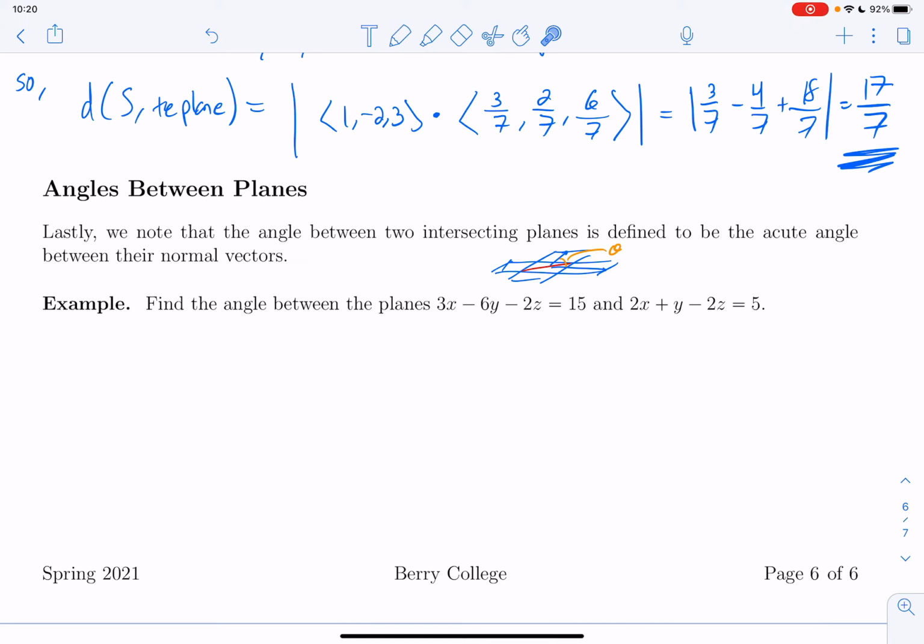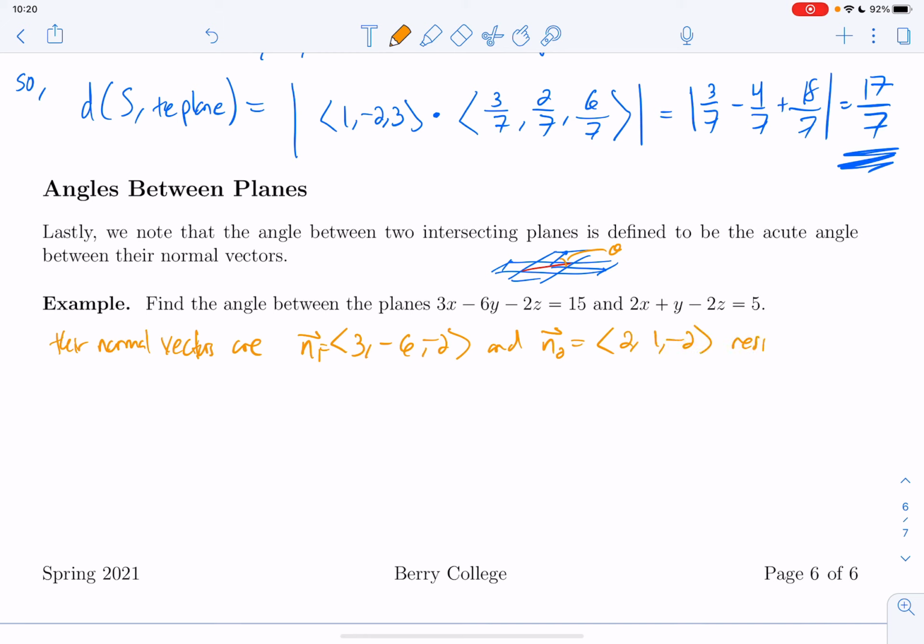And so the application of this is pretty straightforward. Here's two planes, so we'll say that their normal vectors are n1, which is 3, -6, -2, and the other vector, n2, is 2, 1, -2, respectively.